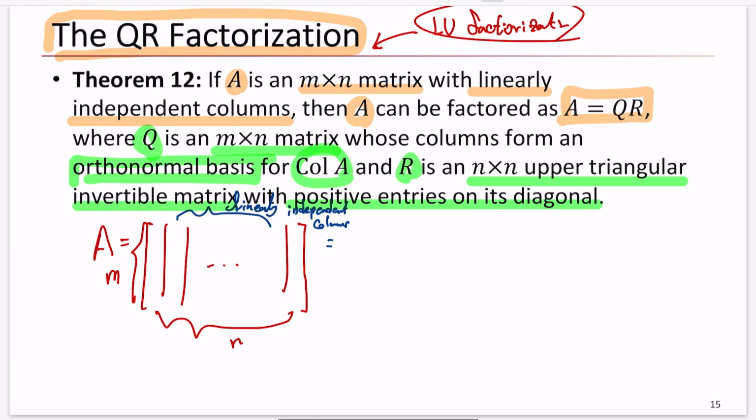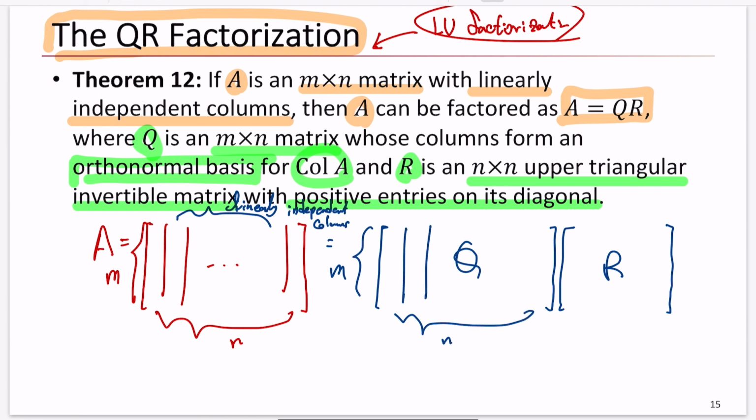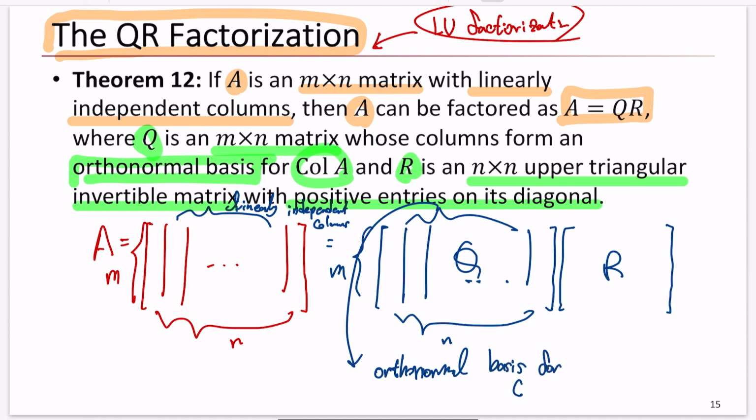In other words, matrix A can be factorized as Q times R, where Q is an m by n matrix and each column vector is also an orthonormal basis for the column space of matrix A. And R is n by n, a square matrix, an upper triangular matrix like this one, with positive entries on each diagonal always.